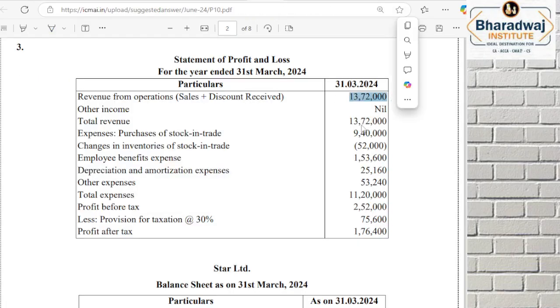No other income, so 13 lakh 72,000. Actually, discount received can be taken as other income. Purchases, increase in stock, check all these things. Check your P&L account. This is for June 2024 suggested answers.